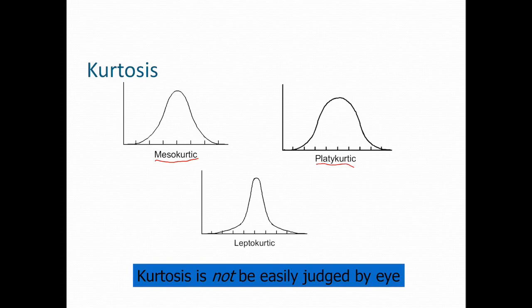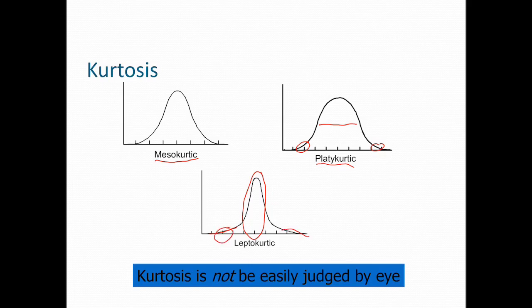Next to that, we have a platykurtic, which is kind of fat. It's more spread in the middle, and the tails are very short on the sides. And then we have leptokurtic, where the information is very centered, and the tails are very long on the sides, right?